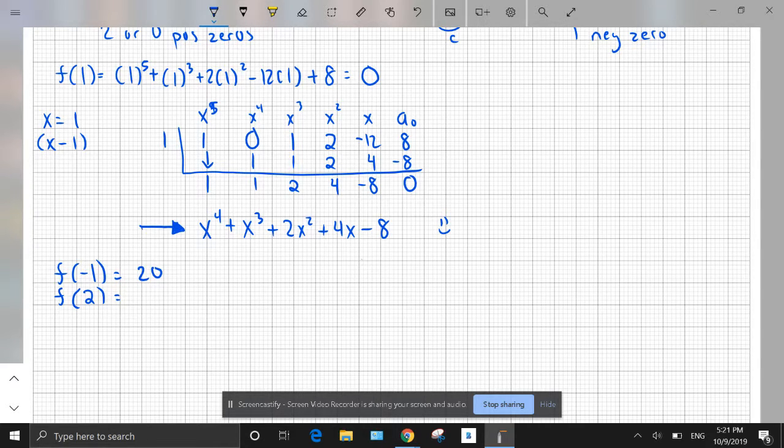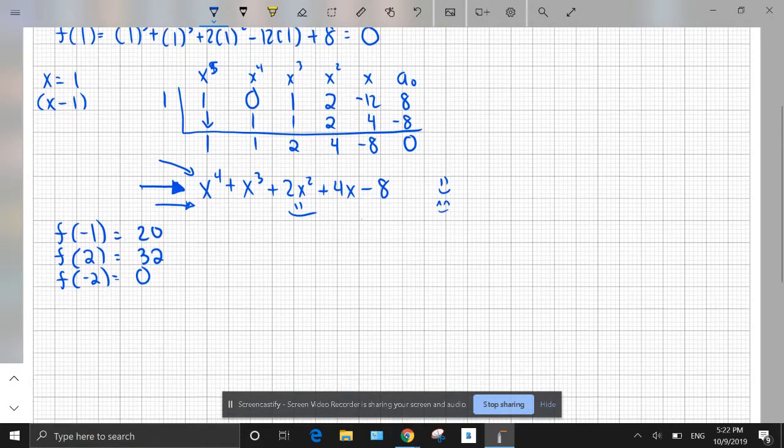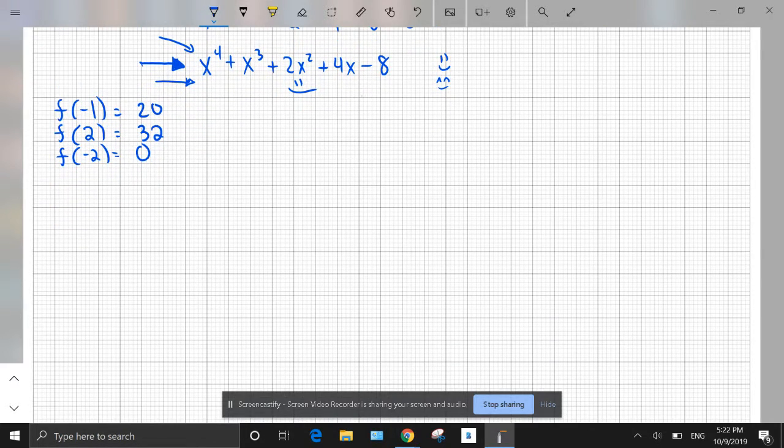Again, we'll substitute it into this polynomial, and we end up with 32. Substitute negative 2 into this polynomial, and we get a 0. So our x is equal to negative 2, so our factor is x plus 2.